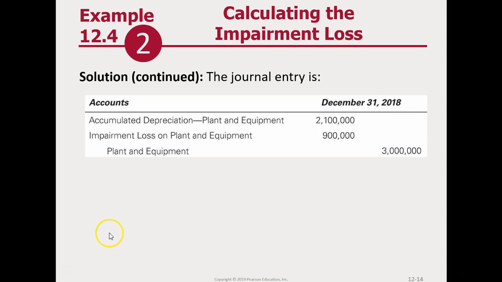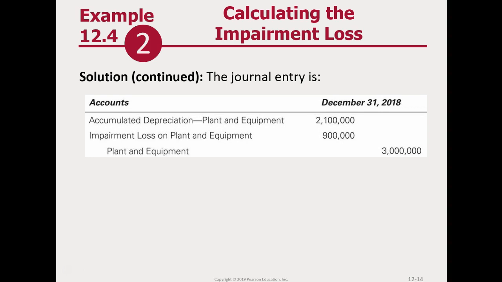We take the impairment loss that we just computed and we debit it, and it's $900,000. We debit the accumulated depreciation for all of the plant and equipment. So the total amount of accumulated depreciation is $2.1 million. We combine these, and so plant and equipment is reduced by $3 million with this journal entry.